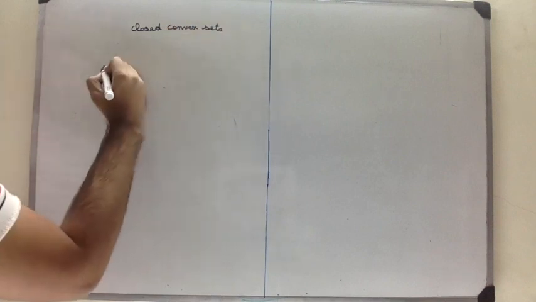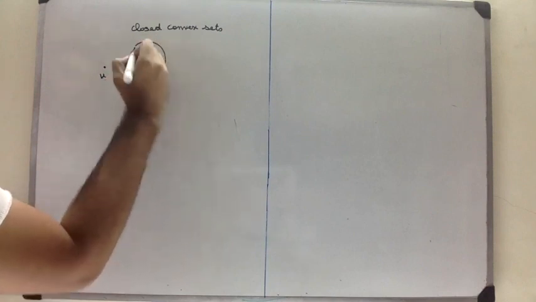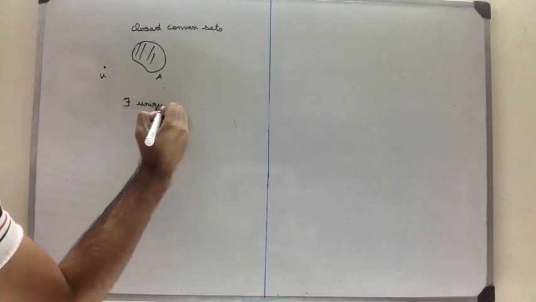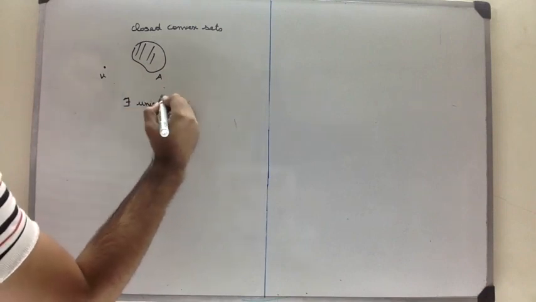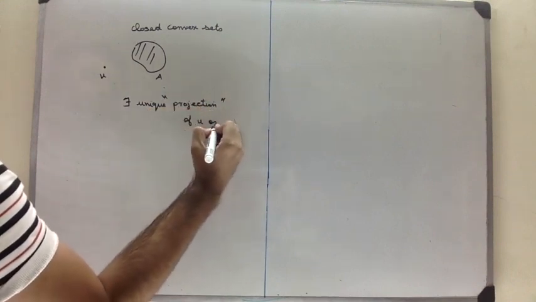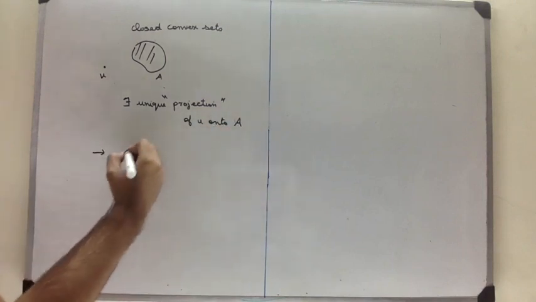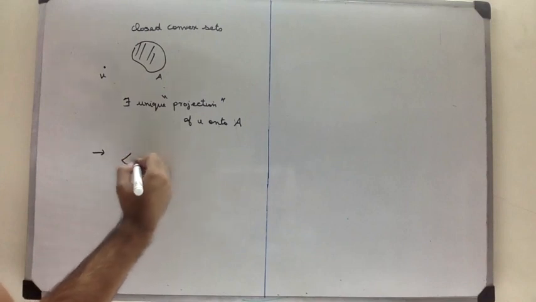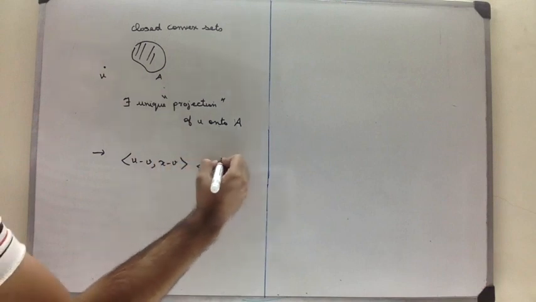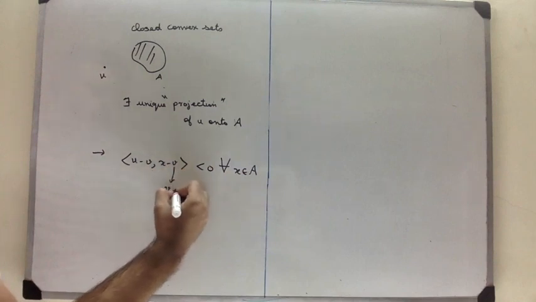First of all, if you are given a point u that is not in the closed convex set A, then there exists a unique projection of u onto A. Furthermore, we had this very interesting property that the inner product of u minus v and x minus v is less than 0 for all x elements of A when v is the projection.